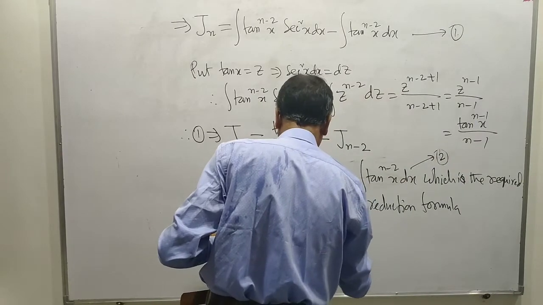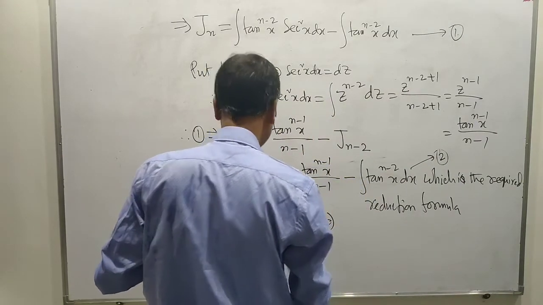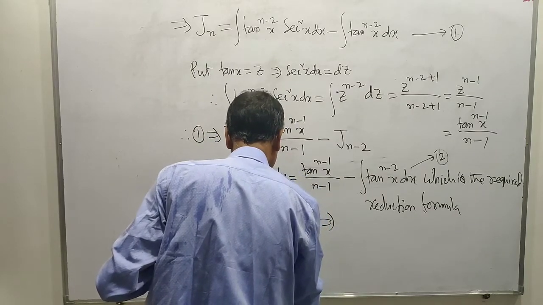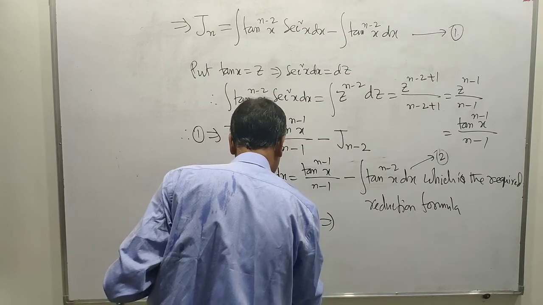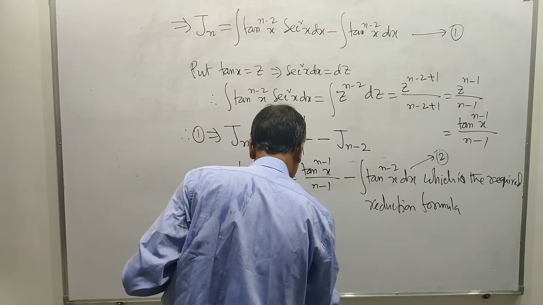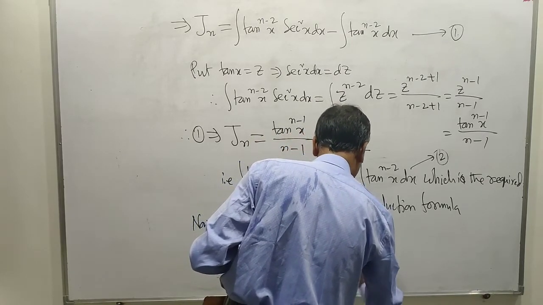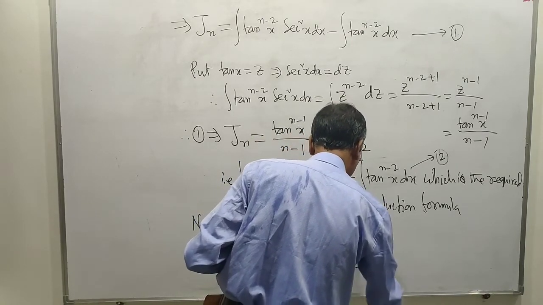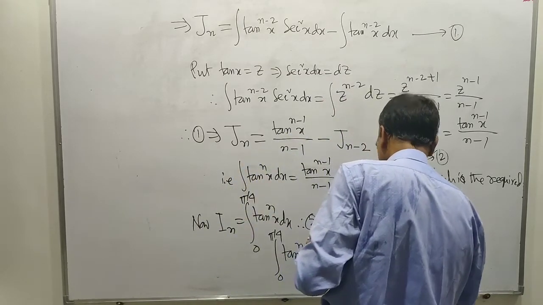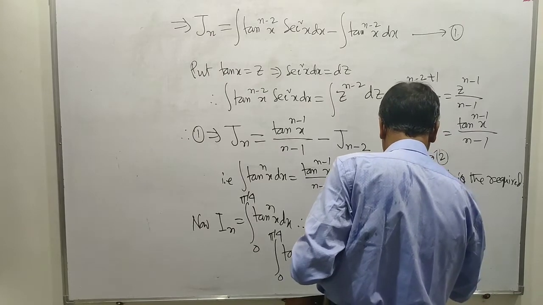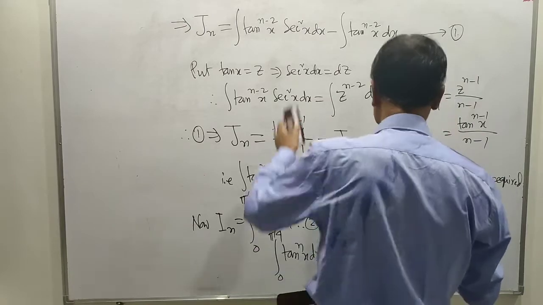Therefore, from 2 you will get integration 0 to pi by 4 tan to the power nx dx equal to tan to the power n minus 1x divided by n minus 1 from 0 to pi by 4 minus integration 0 to pi by 4 tan to the power n minus 2x. You will get this.